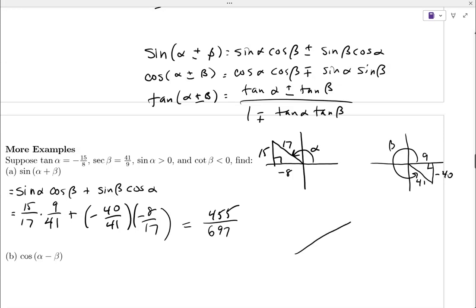So you end up with a right triangle where you'd have 455 on this side, 528 on this side, and 697. Like I said, this is another Pythagorean triple when you have integer values for all three sides. So if you start with two Pythagorean triples like this, you can create other ones by doing these kind of problems.